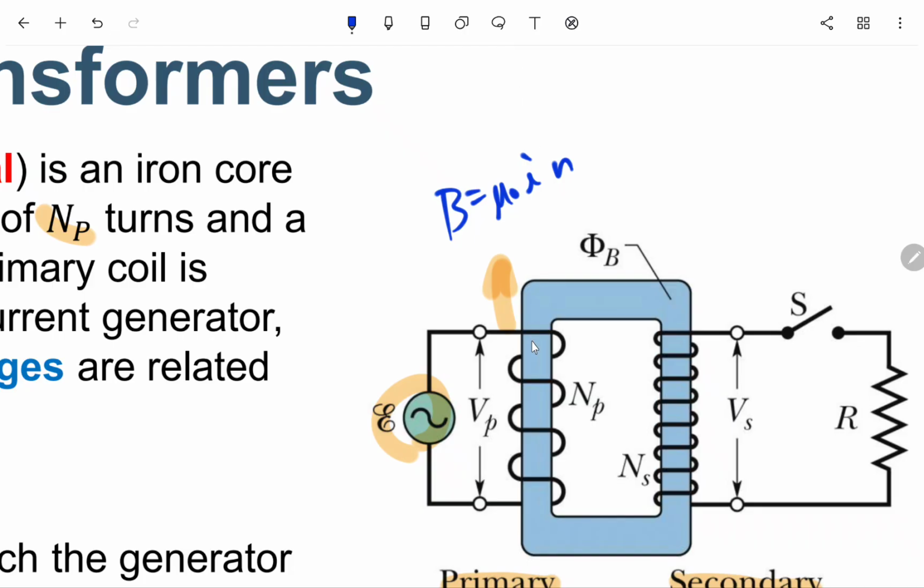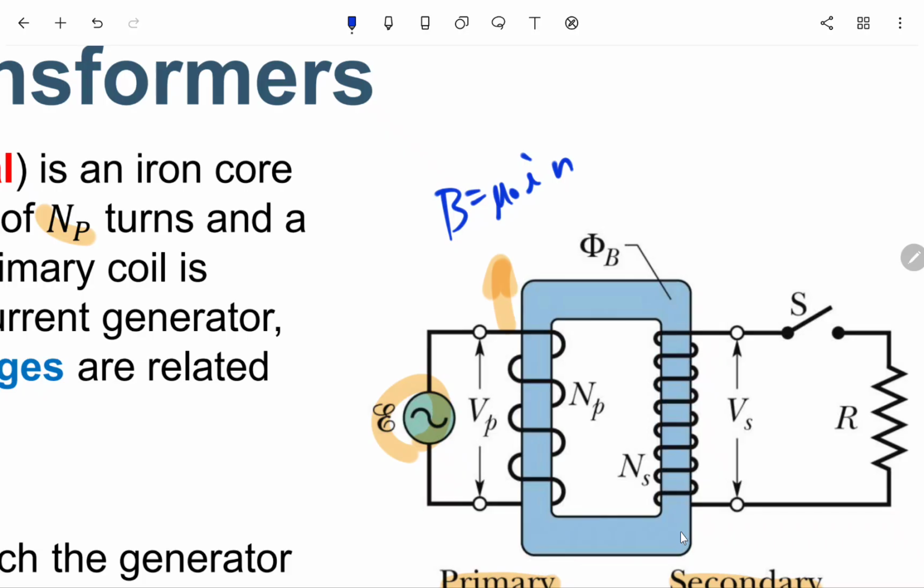In that case, this I is sinusoidal, which means that this B field is also sinusoidal. So we try to add a magnetic ring here so that it can deliver all the B field lines to the secondary coil.